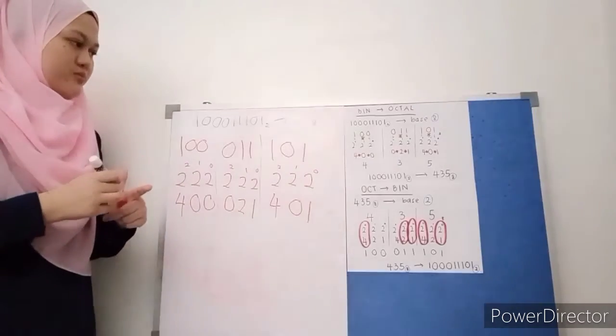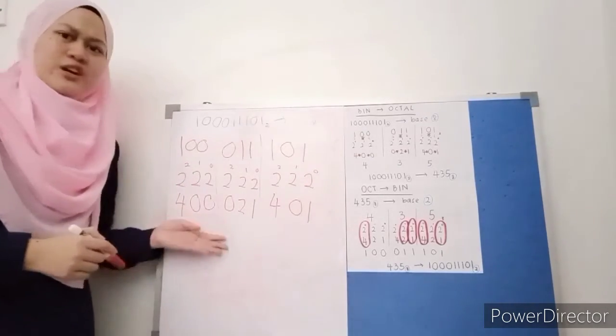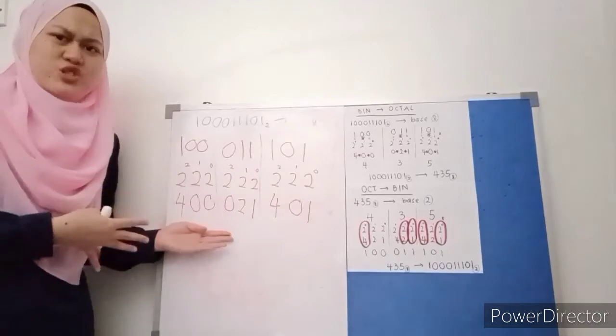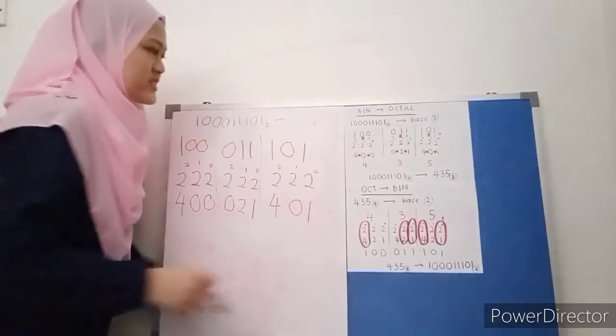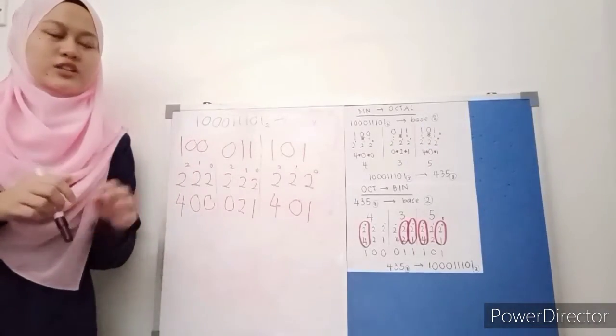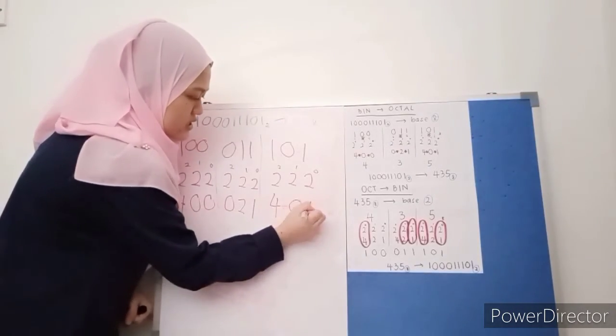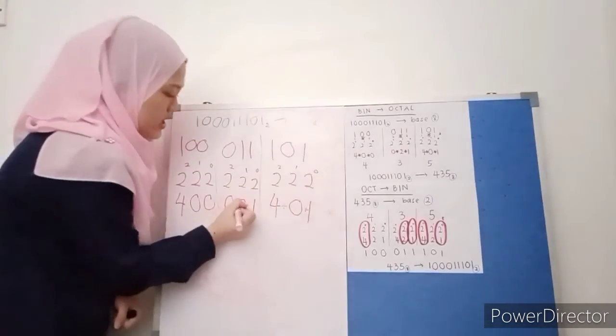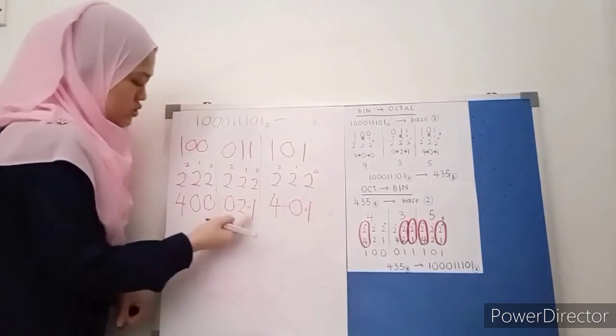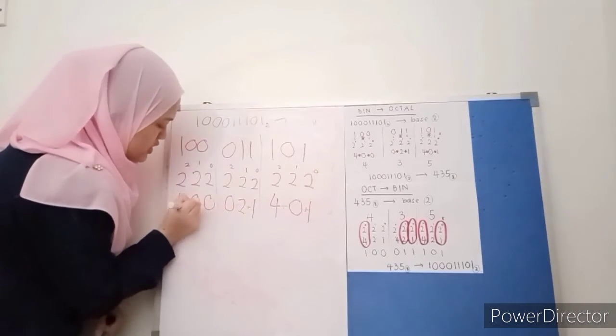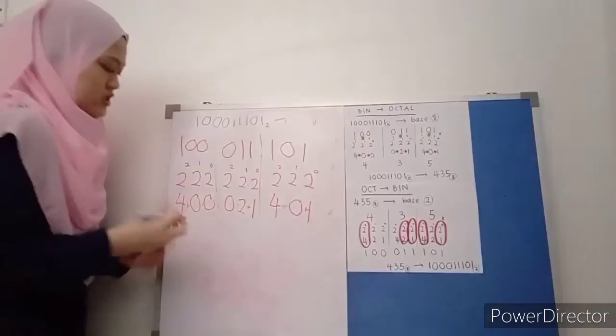Okay, so from here, what you actually need to do is just add all the digits here. So add between these digits, add between these digits.